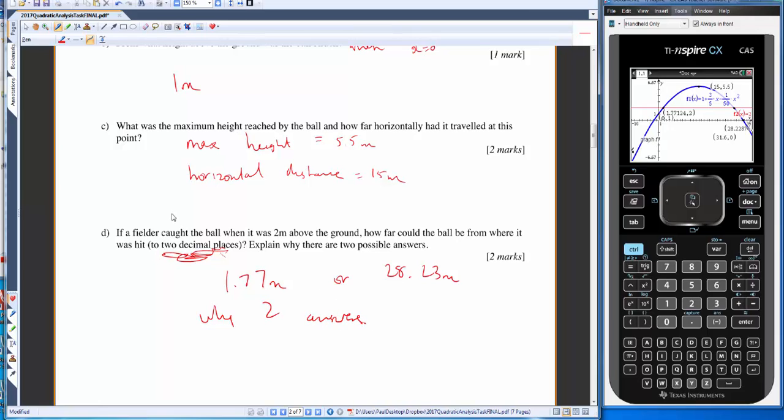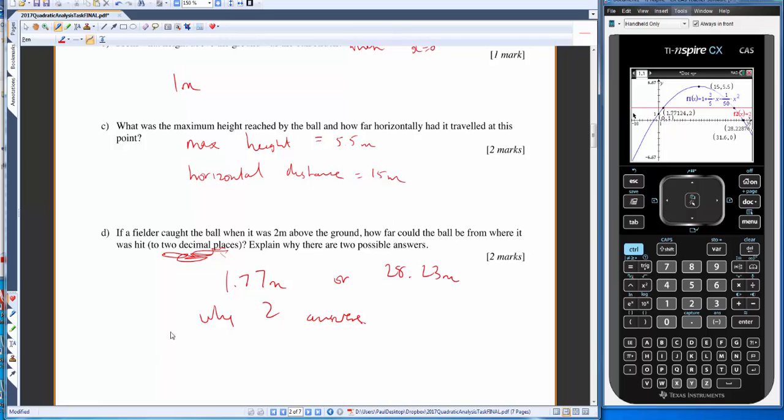Well, it's easy if you think about it. If this is the cricket ball being struck and being caught, the ball might have been hit and the person who was fielding caught the ball on the way up. Or imagine the cricketer smashed the ball, it goes high in the air and then comes back down, and then the fielder catches it there.